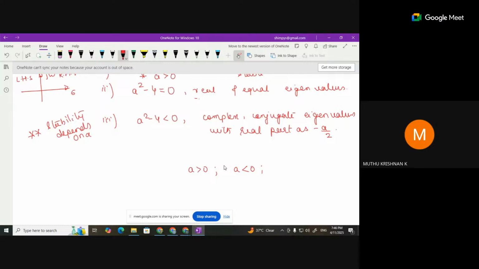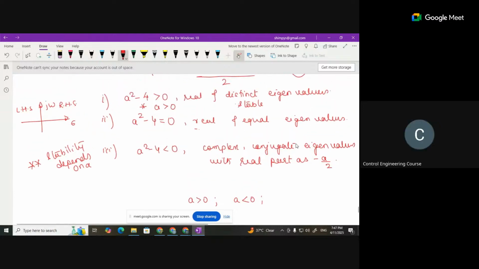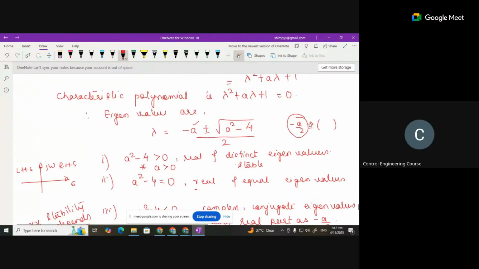And in the case where A is greater than 0, it is going to be some value like 1, 2, 3, 4. So this is obviously going to always lie on the left, minus 1 by 2 or minus 2 by 2, minus 3 by 2, right?